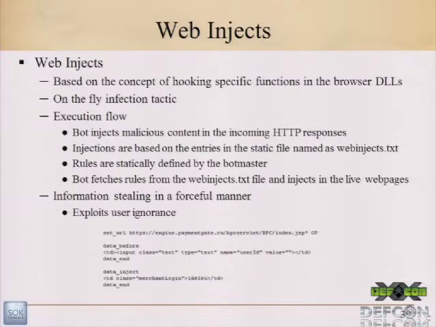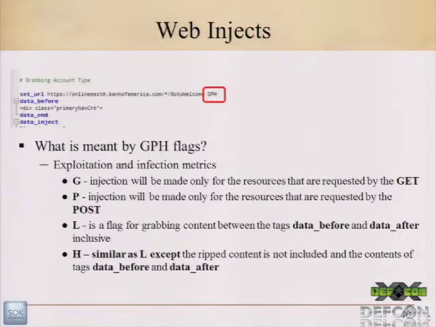This gives a lot of power to the bot to manipulate online banking and a lot of functionality of the web pages on the client side. This is a really interesting technique, and we haven't found any good defense yet. Our team is working on it, and let's see if we can come up with some defense for web injects.